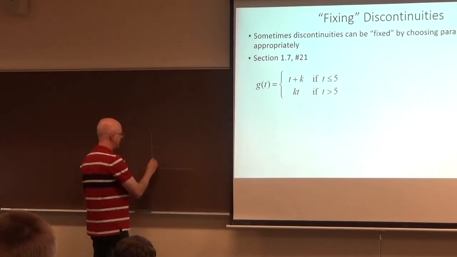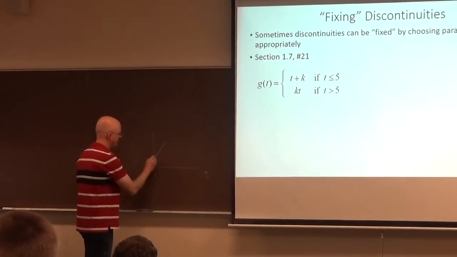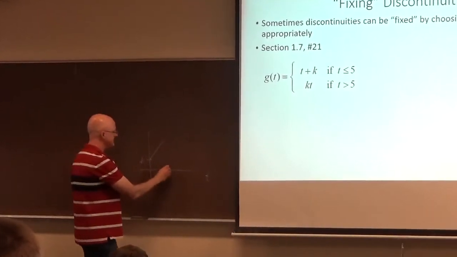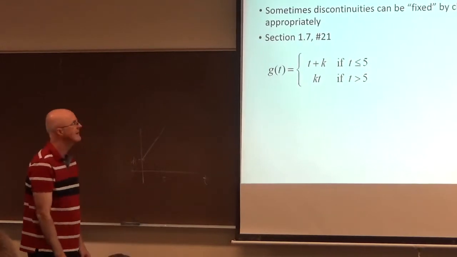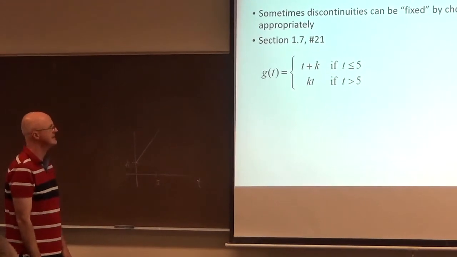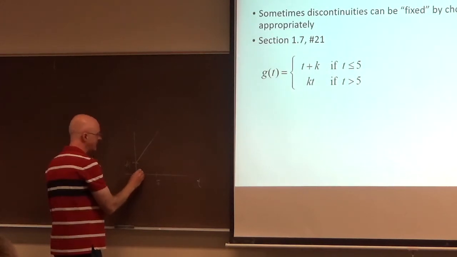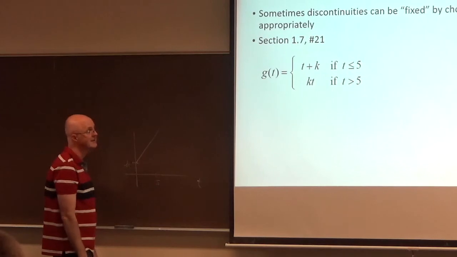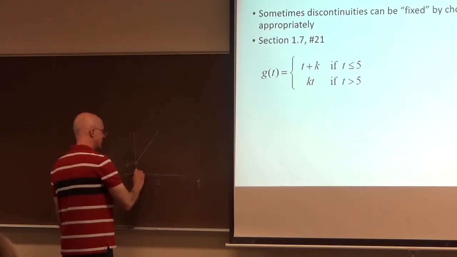It's t plus k, a line with a slope of 1 and a vertical intercept of k, when t is less than or equal to 5, and k times t is a graph that goes to the origin. It's a direct proportionality with a slope of k, a little steeper here.